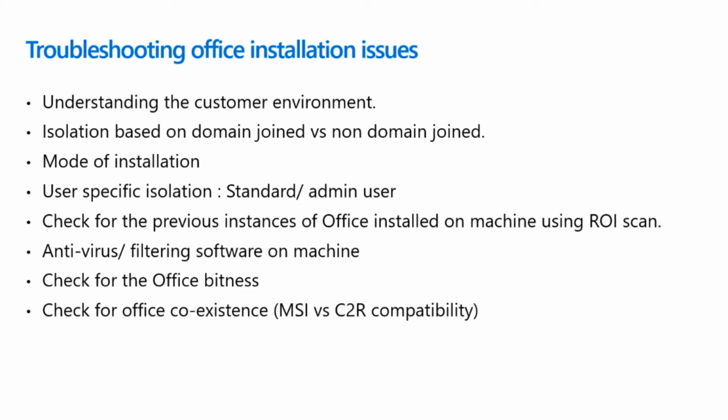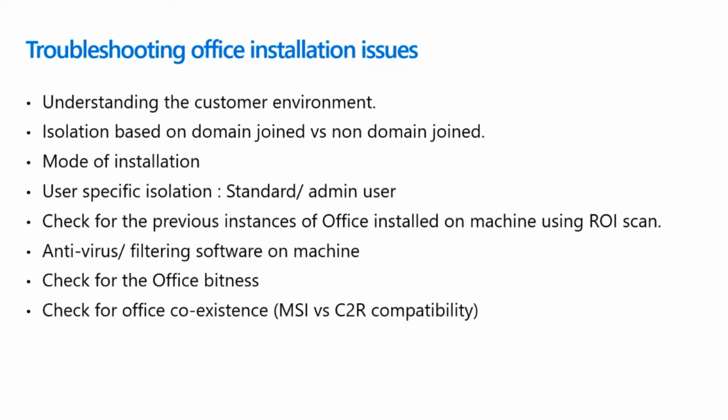So we have to check some of those things, like if the Office is installed or deployed in such an environment. And the second thing would be the isolation based on domain join versus non-domain join. We will be sharing a little more about this in the upcoming scenarios.